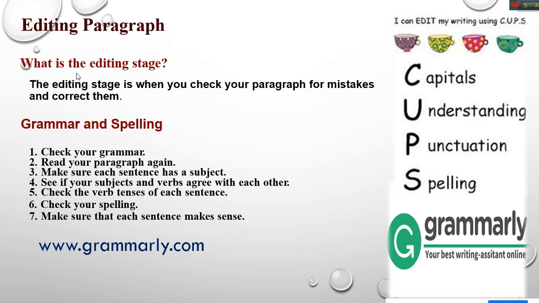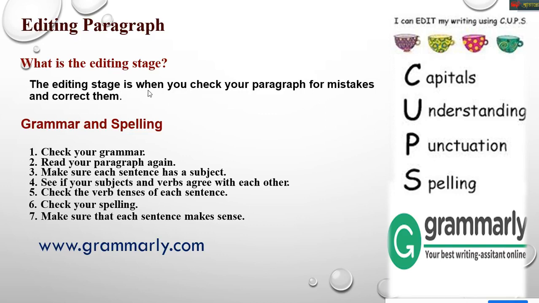Then read your paragraph again and again. Make sure each sentence has a subject. See if your subjects and verbs agree with each other. Check the verb tenses of each sentence. Check your spelling. Make sure that each sentence makes sense.